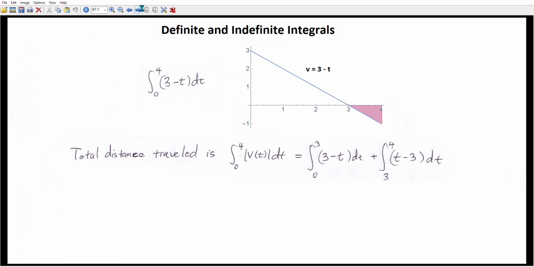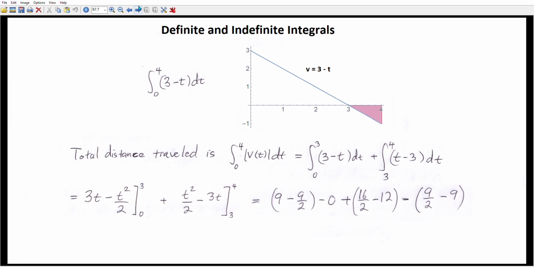And we just go ahead and do that. And the antiderivative of 3 minus t is 3t minus t squared over 2 between 0 and 3. And then we've got a t squared over 2 minus 3t between 3 and 4. Just put some numbers in. At 0, you're getting 0. At 3, you're getting 9 minus 9 halves.